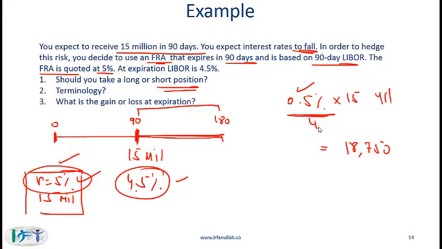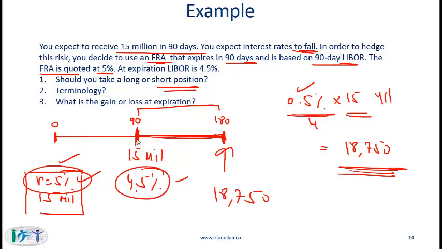So you divide by 4, and then to convert the percent into an actual currency number, you multiply by the notional principal, which is 15 million. So the benefit to you is 18,750. But since interest is paid at the end of the relevant period, this benefit is at this point in time. So 18,750 is the benefit over here.